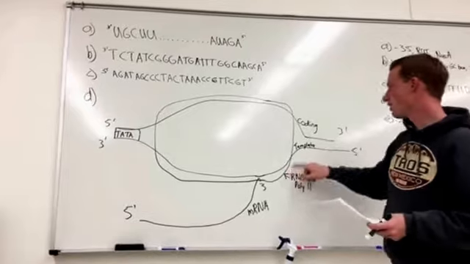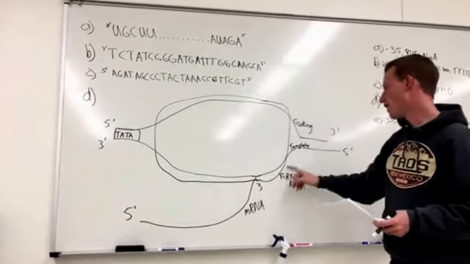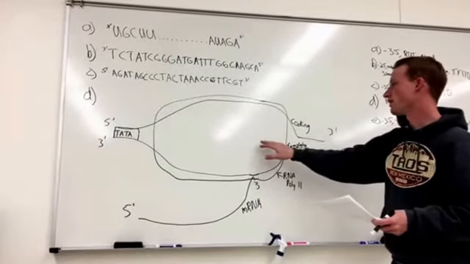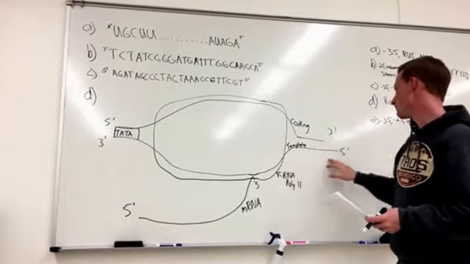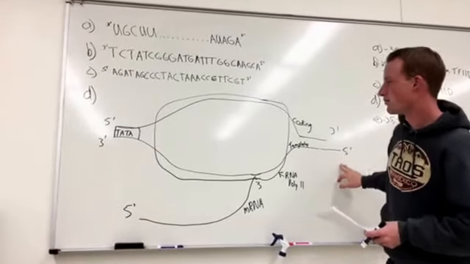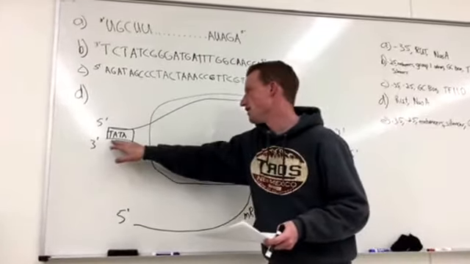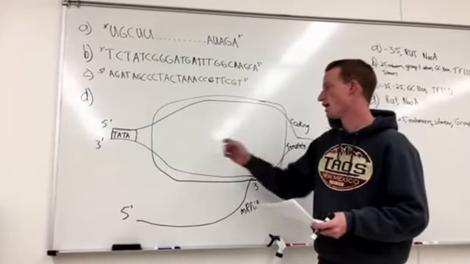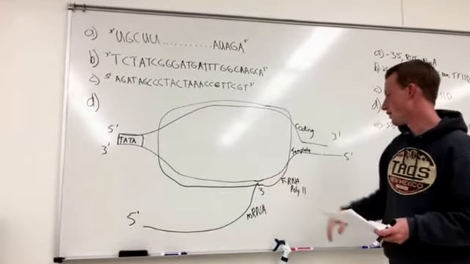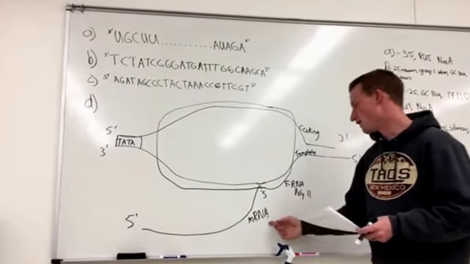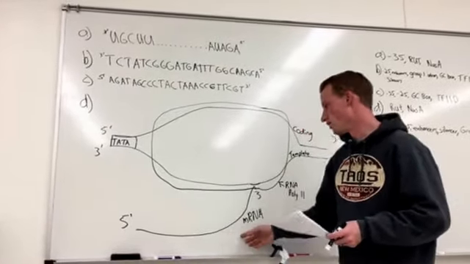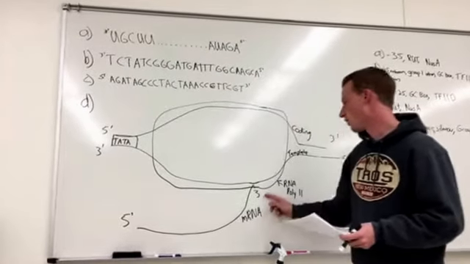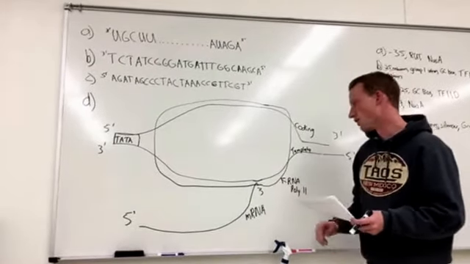This is our RNA polymerase II, this big blob right here, and this is traveling this way, so it's going to be going to my right. Our TATA box is right here, and that helps to initiate it, so it's going to be behind the direction the RNA polymerase is traveling. And then here's our mRNA being produced from 5' to 3' from our RNA polymerase II.